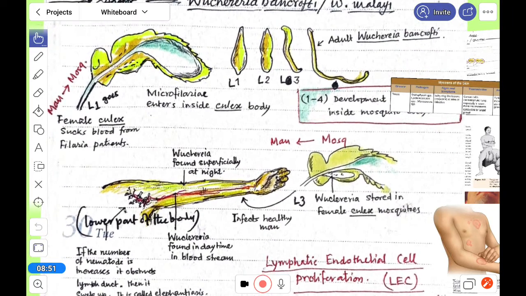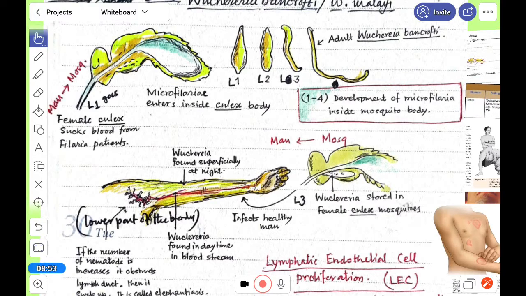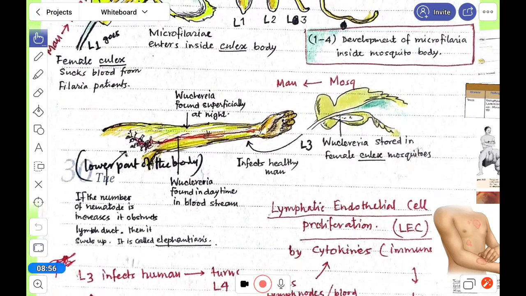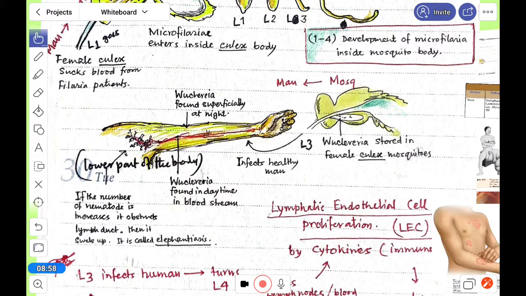What happens in this? The microfilaria reaches the L3 stage, the developmental stage.